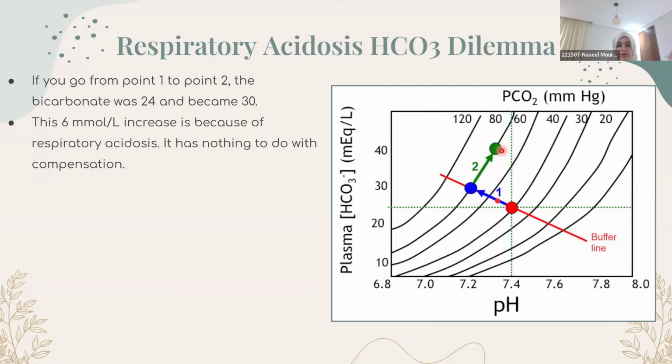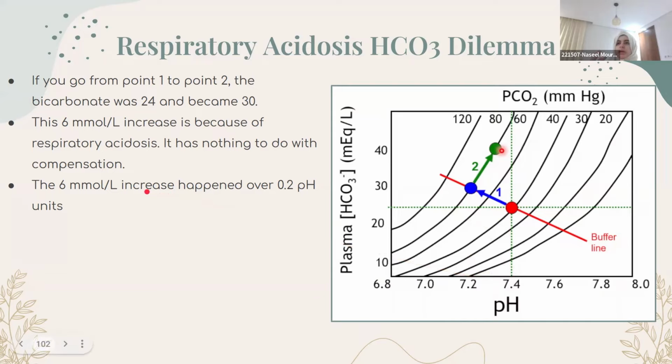Now this change from 24 to 30 is a 6 millimole increase. And now this 6 millimole has changed over a pH of what? Over 0.2 units. So at first you have 7.4, but then over here you have 7.2. So 0.2 units of pH basically changed the bicarbonate by how much? 6.